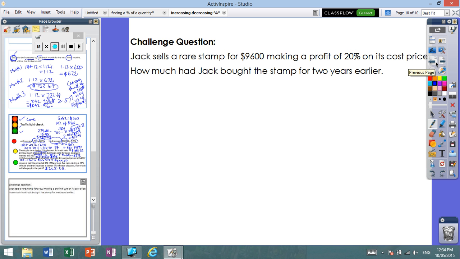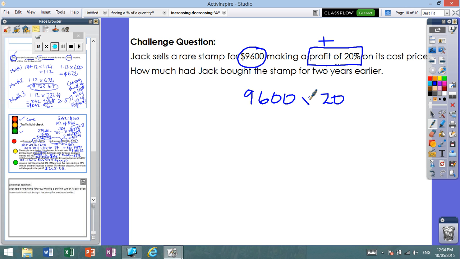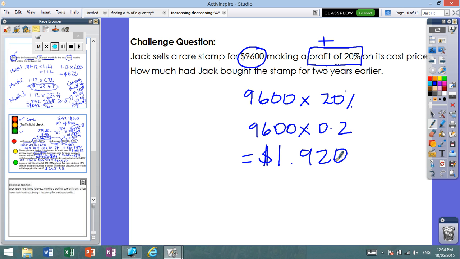And the final bit for this is profit of 20%. That means it's an increase. So it's a plus. So he's made that profit on this amount already, so we need to find out what it was before. So we need to go 9600 times 20%. So that's 9600 times 0.2, which equals $1,920.